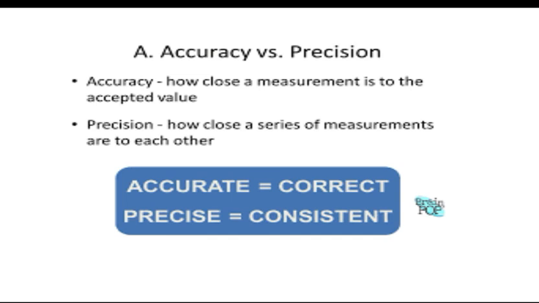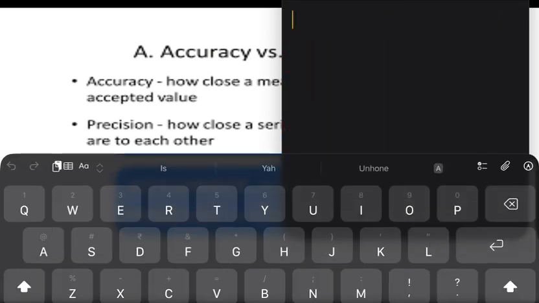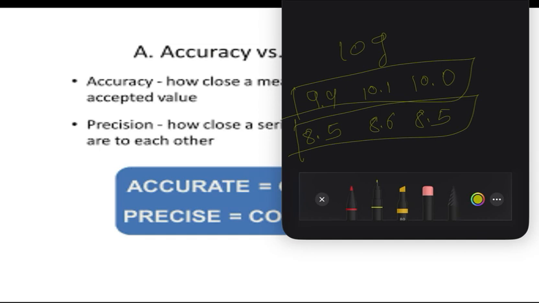For example, if the value is 10 grams, right? So an accurate value is 9.9 or 10.1 or 10.0. This is accurate, and precise but not accurate is 8.5 or 8.6 or 8.5. So these are precise and these are accurate. Okay, both are important in scientific measurements. Ready?